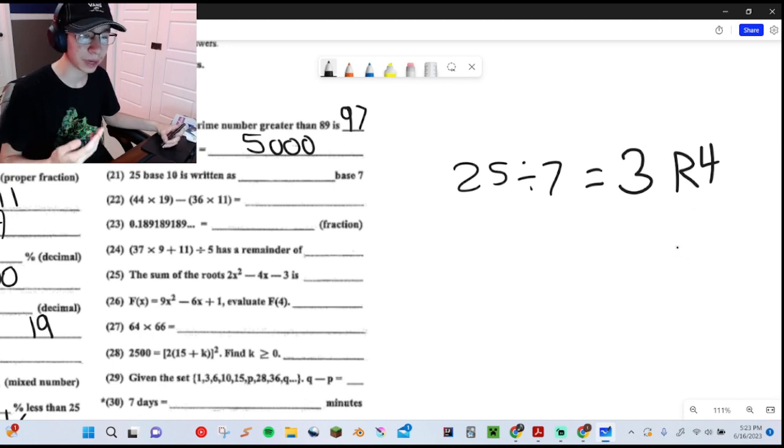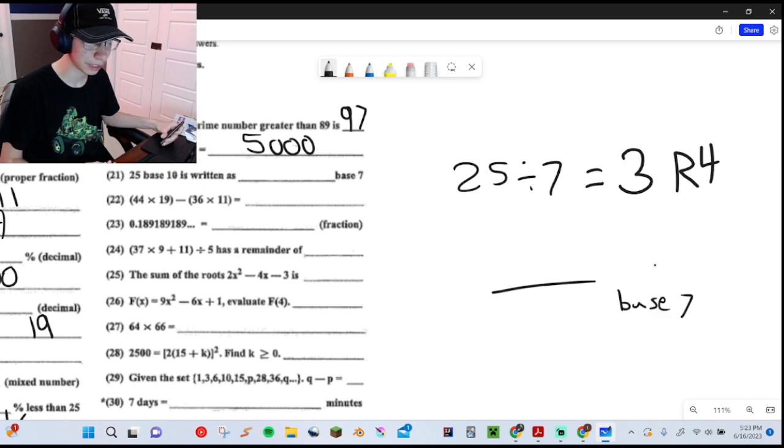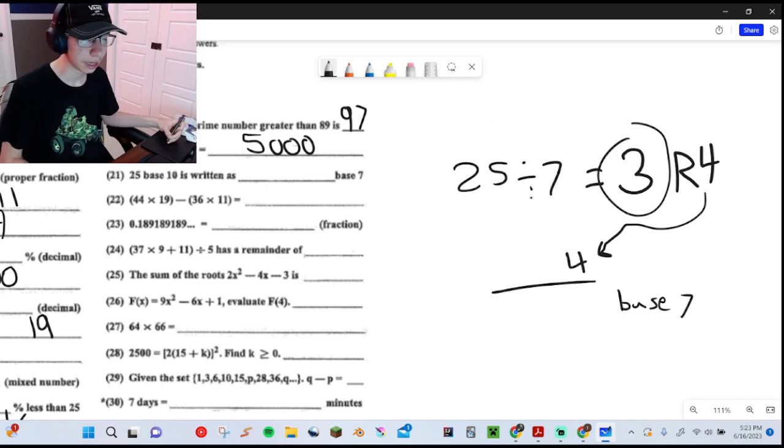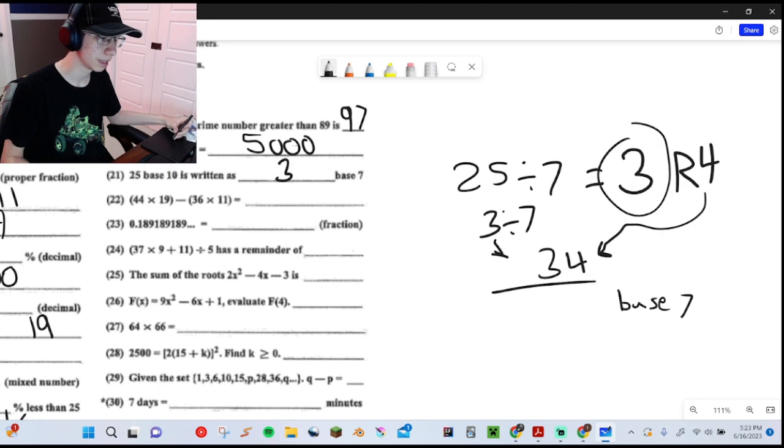So I'd write the remainder down, like it's asking what's that number in base 7? I'm going to write down my remainder, so 4. And then I'm going to take my quotient, 3, and divide it by 7. Well, 7 doesn't go into 3, so I end the process and just write the number next to the 4. So 34 is our answer.